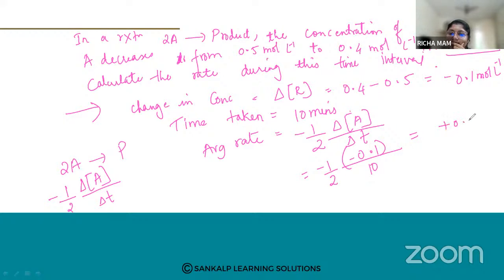Minus of minus will be plus, 0.1 divided by 20. It is 0.005 mole per liter per minute, because the time is in minutes, so when it goes to the denominator it becomes per minute. So the answer is 0.005 mole per liter per minute.